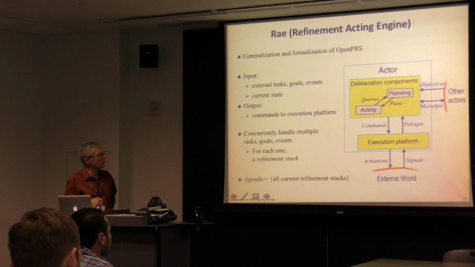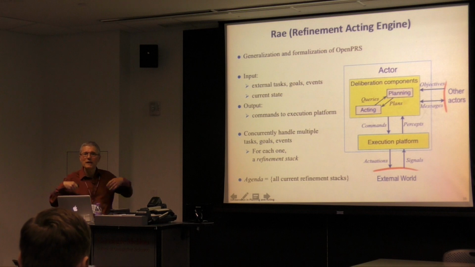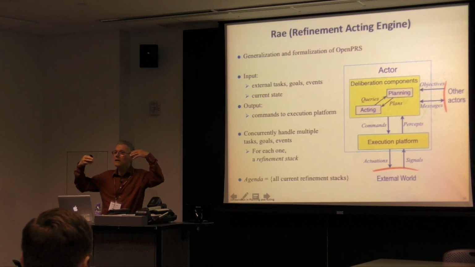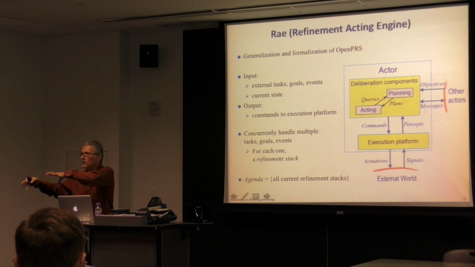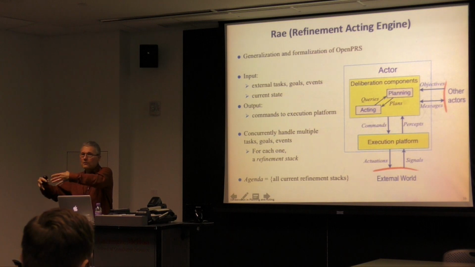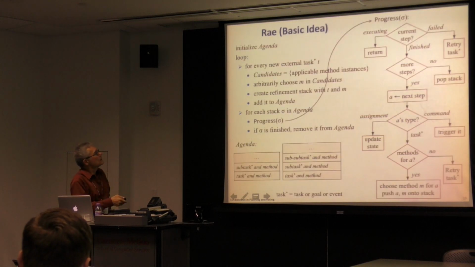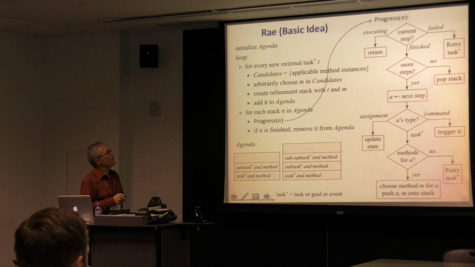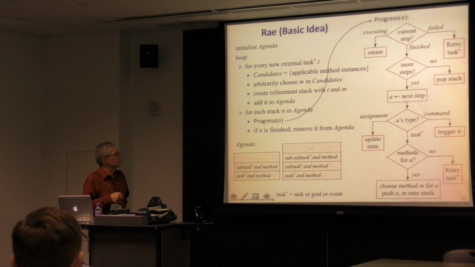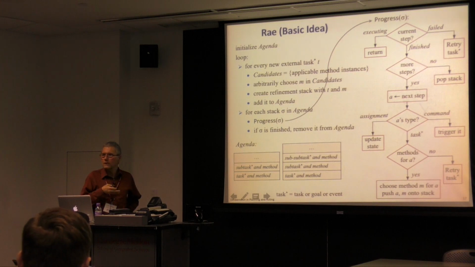Remember, these methods will send things to the execution platform. It may take them a while to finish the action. And so you start that action running, and then you look periodically to see if you're done. So you check the status. If it is still executing, then you've done everything you can to progress that particular stack. You go around in the loop, looking at the other ones.